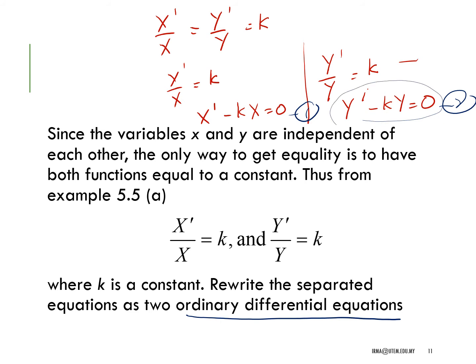It's just like what you have seen or learned in chapter 1 and chapter 2. We only have one independent variable. Clear? So these are the equations: x prime minus kx equal to 0 and y prime minus ky equal to 0.